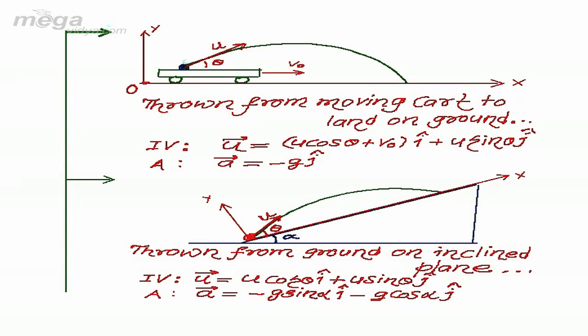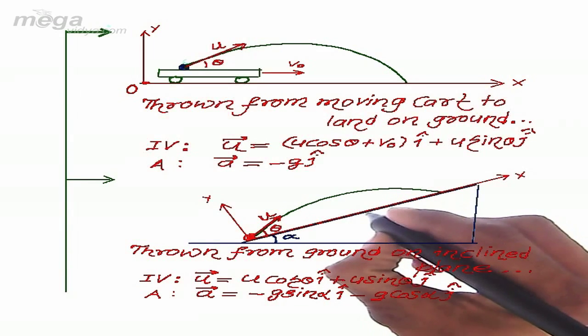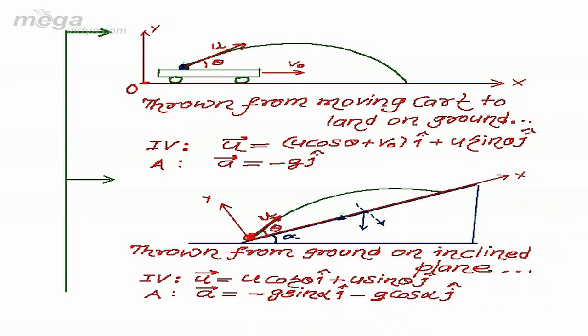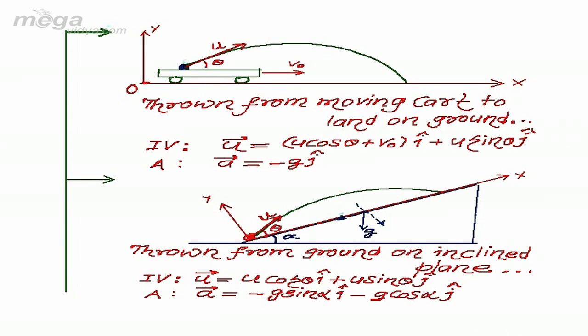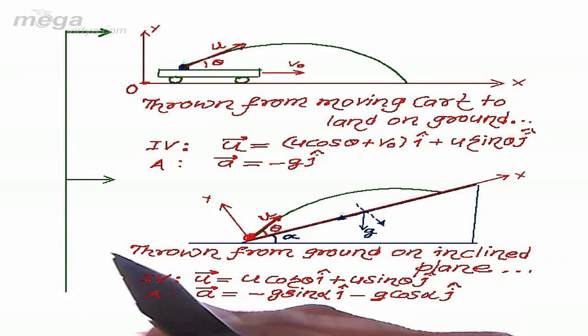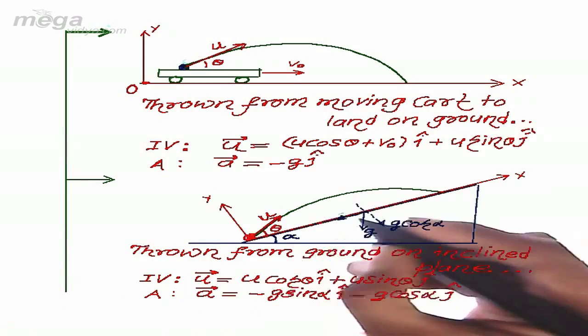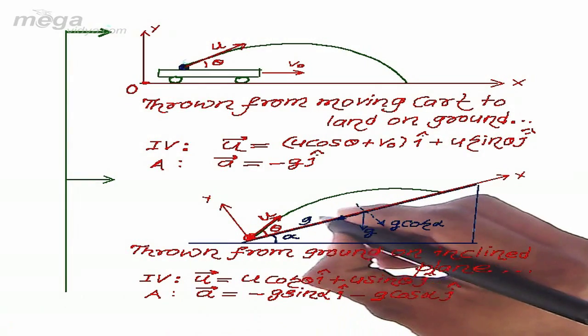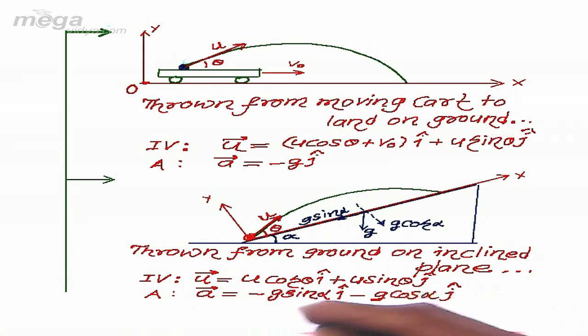You have to think a little on this acceleration because it is vertically downward. If we resolve this acceleration g in two mutually perpendicular directions, one perpendicular to the inclined plane and the second along the incline, we get g cos alpha perpendicular to the incline and g sin alpha along the incline, which may be written in vector form like this.